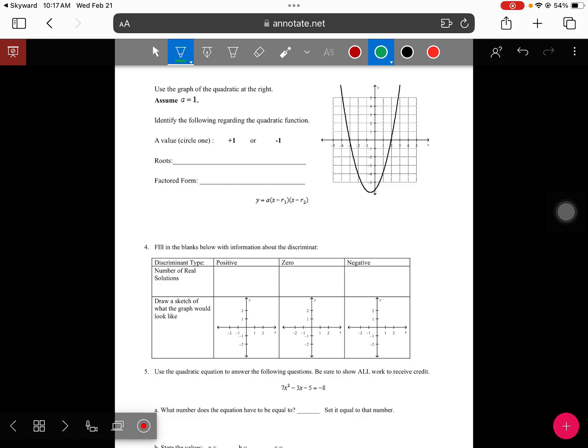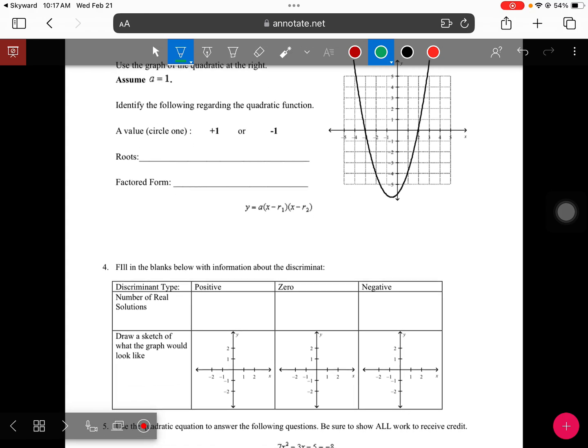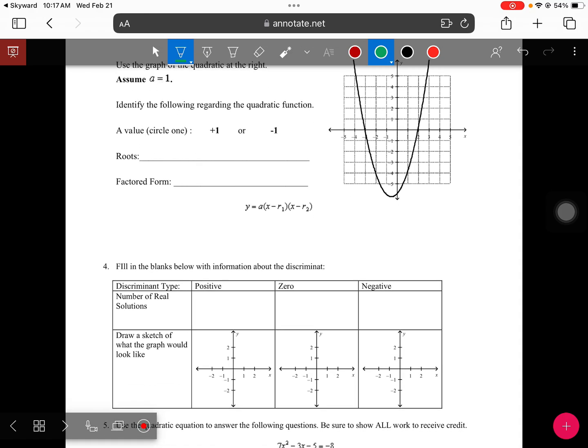The next one, using the graph at the right, assume A is equal to 1. So I have a parabola here. It says my A value is equal to +1 or -1. How do we know it's positive? It is going up. Yes.